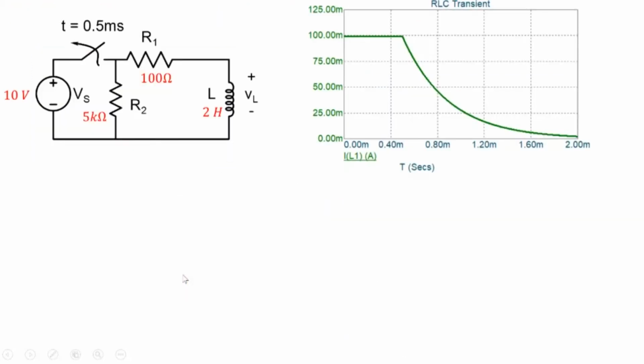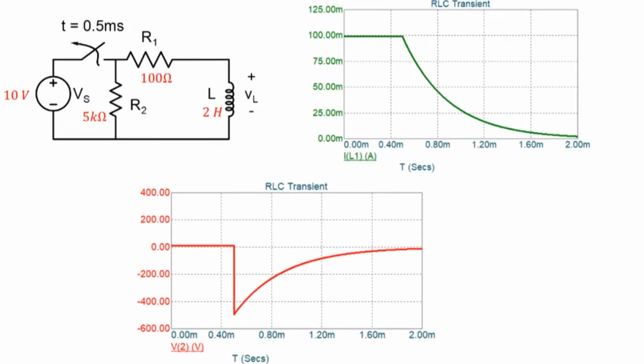All right. Now, this is where things become interesting. If we choose a value of R2 which is considerably larger than R1, so if this is 100 ohms, we have chosen a value which is 50 times higher for R2 here. Note that the current starts with 100 milliamperes, so it continues to flow, and now the path is like this.